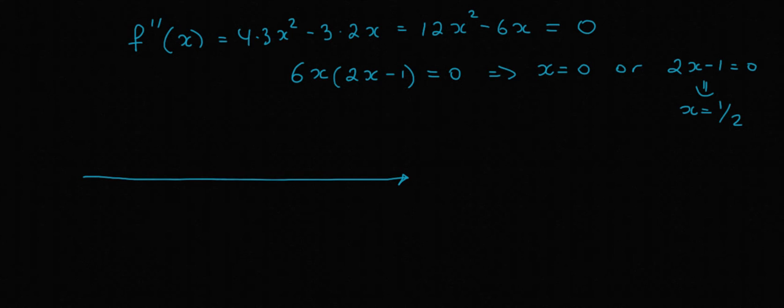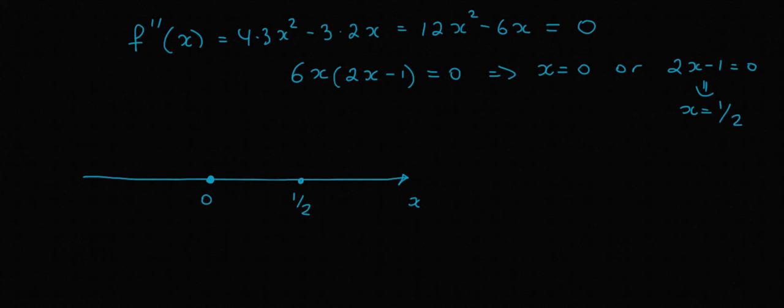So the 2 points that we found where the second derivative is 0 are x equals 0 and x equals 1/2. These 2 points divide the number line into 3 segments. These 3 segments are the segments where the second derivative is not equal to 0, and therefore it's either positive or negative.